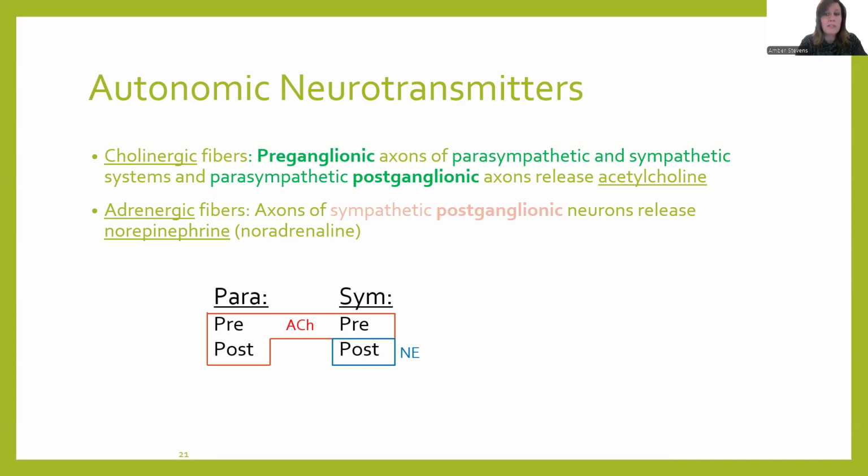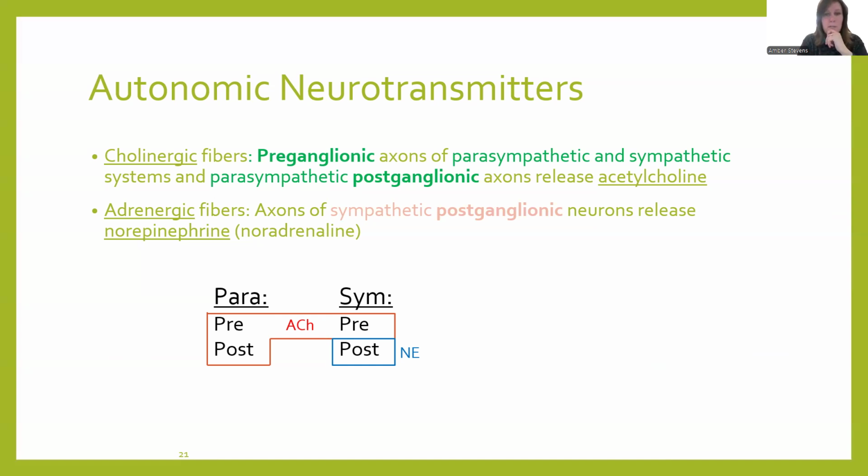And these release acetylcholine. These axons are classified as cholinergic fibers.